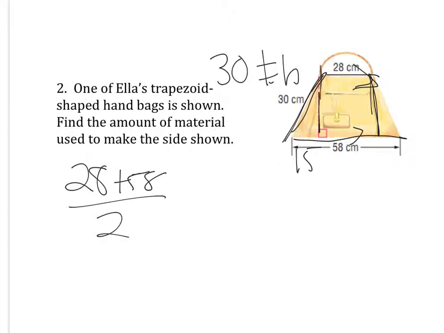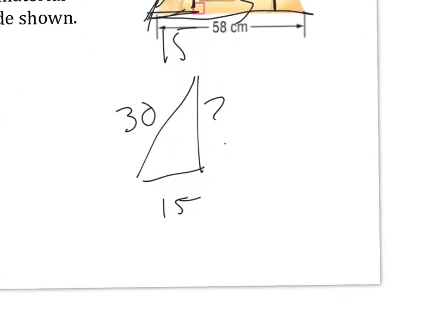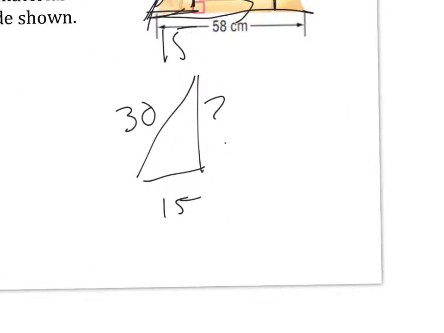So if I use the Pythagorean theorem, because I actually have a right triangle here, that's 15, that's 30. Figure out what that guy is. That's going to be my height. So 15 squared plus b squared equals 30 squared.